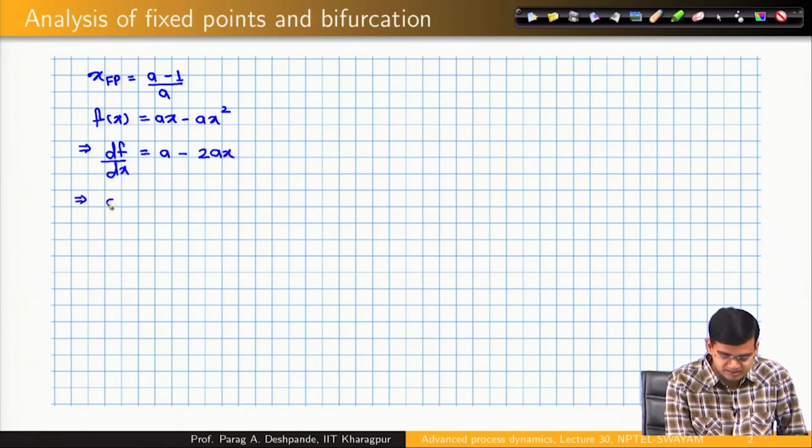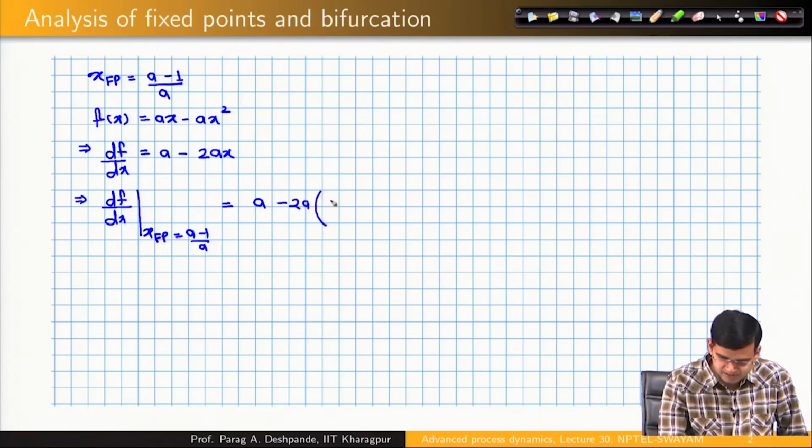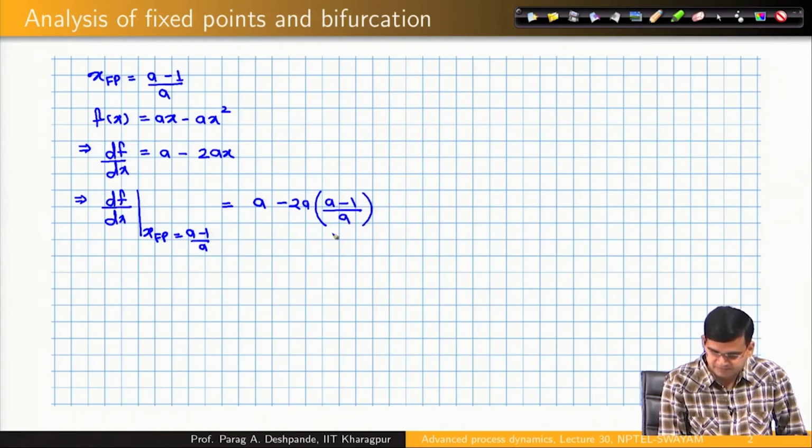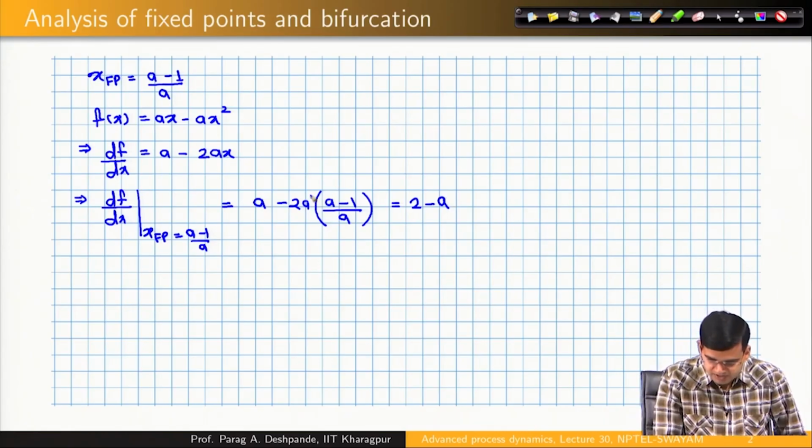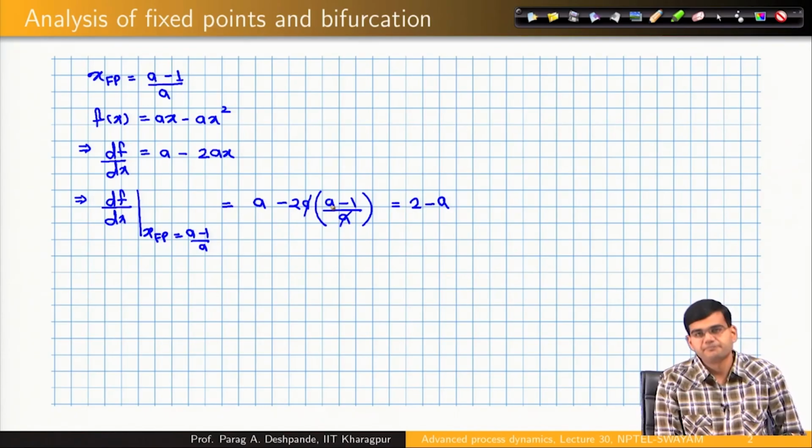So df by dx at x fixed point equal to (A minus 1) by A would be A minus 2 times (A minus 1) upon A, which is equal to 2 minus A, because these A's go away and I have 2 minus A.